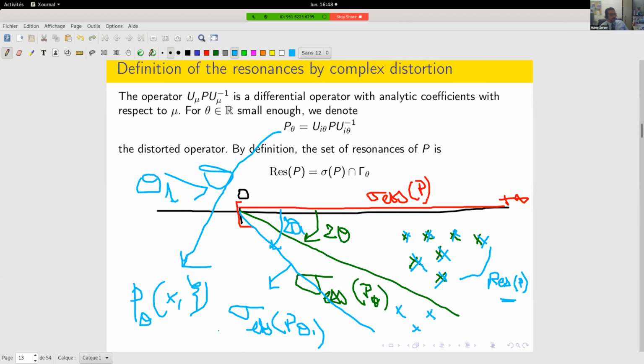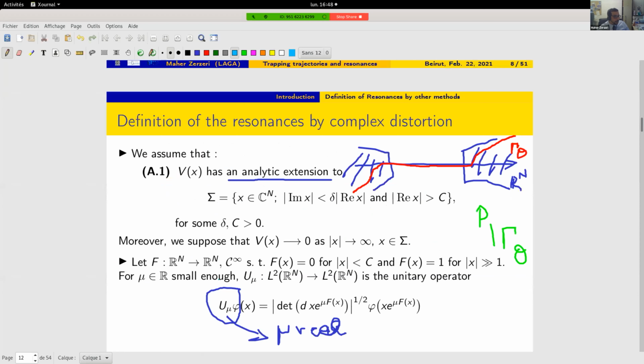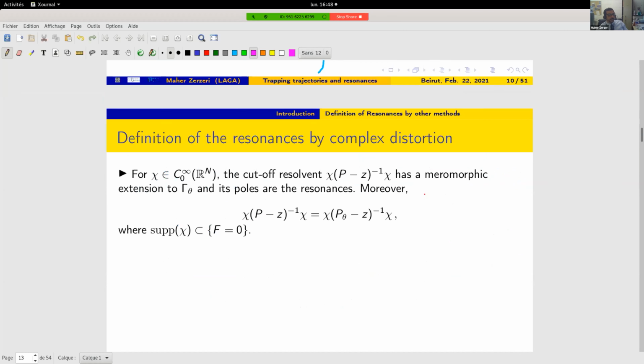And of course, to prove that the definitions are equivalent, you have the first step. If you take a cutoff chi here, in the region where there is no distortion, you have this identity, okay?